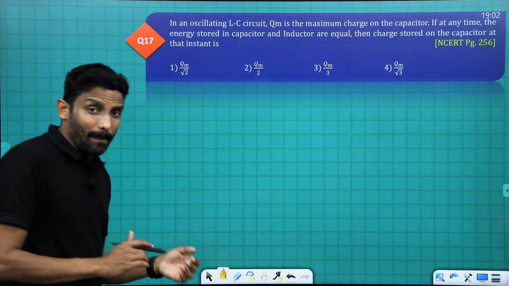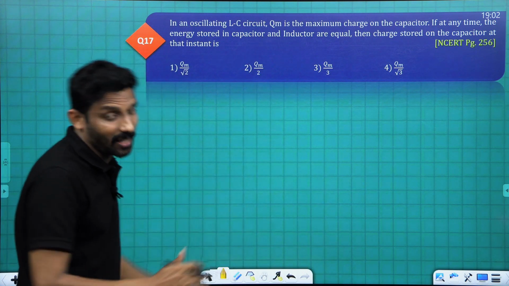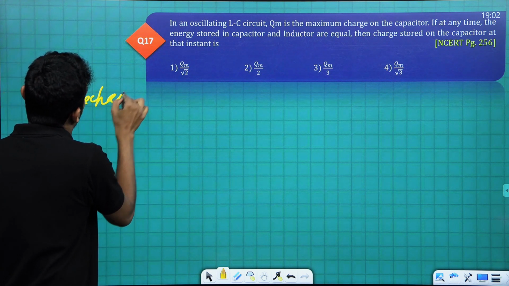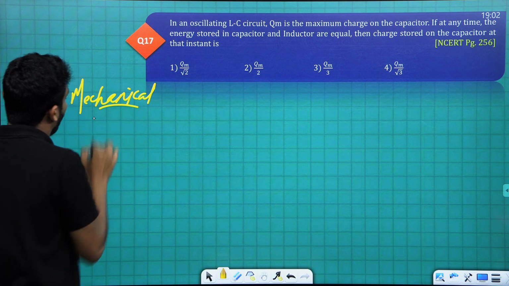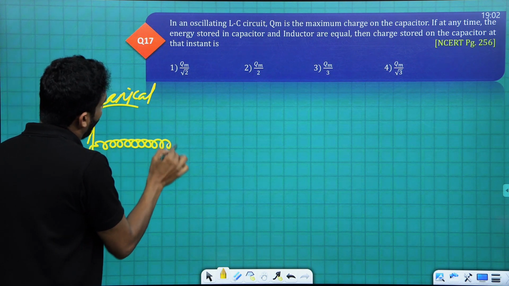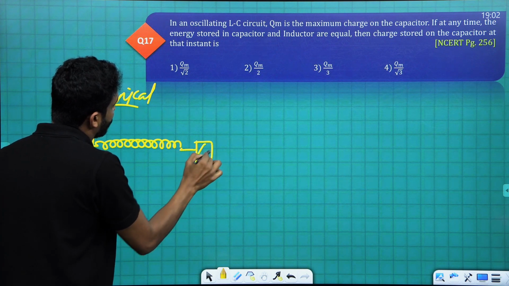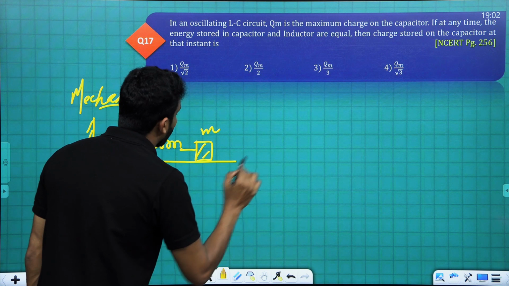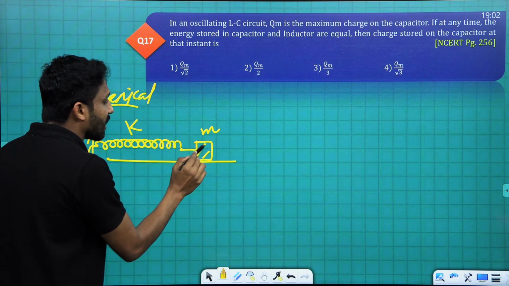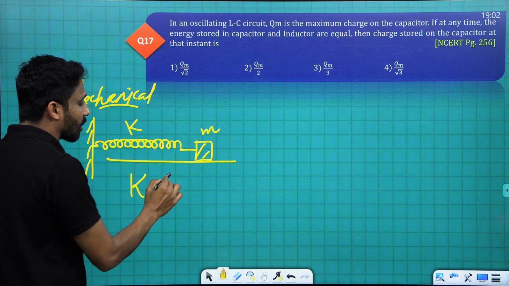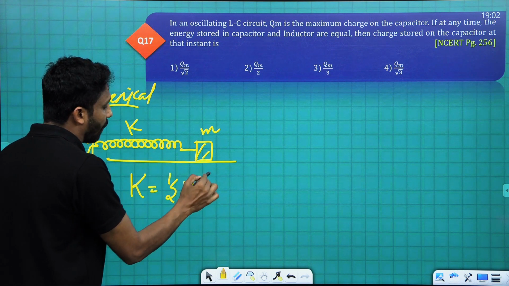We can compare this with the mechanical oscillation. In the case of mechanical oscillation, we have a spring connected to a rigid support and to a block of mass M, the spring having a constant K. Now the kinetic energy of the block, K, is equal to half mv square.